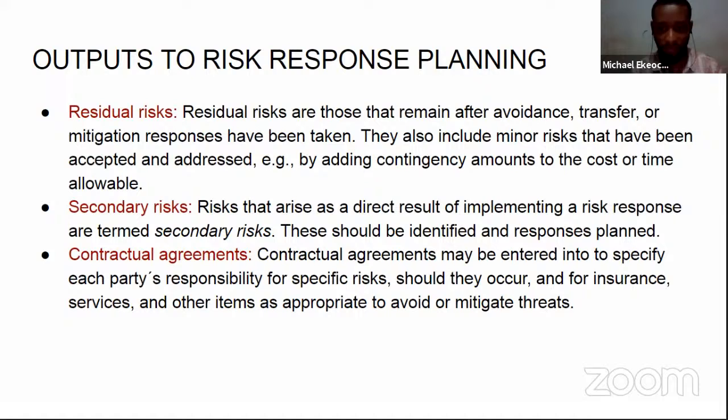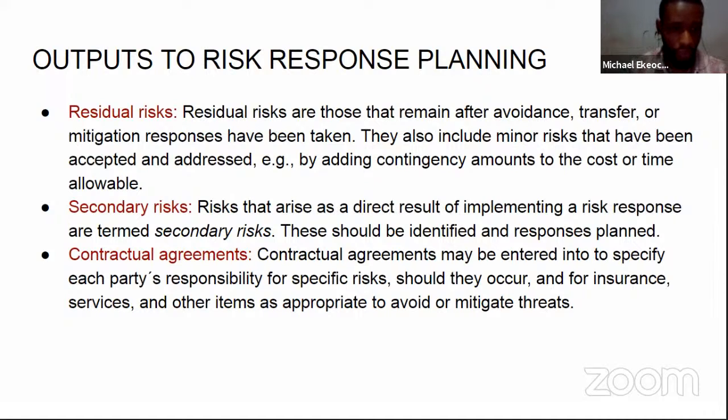These should be identified and responses planned. Like I said, some of the time, or most of the time, you can't foresee these secondary risks. So when you actually see them, when they're about to occur, you should put in plans to make sure that they are addressed so that they don't have any effects on you, or the effects are mitigated to an acceptable degree.